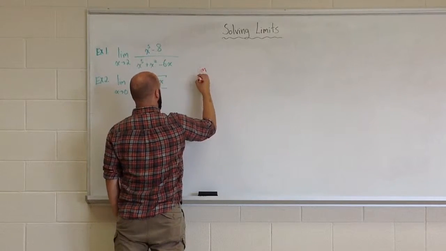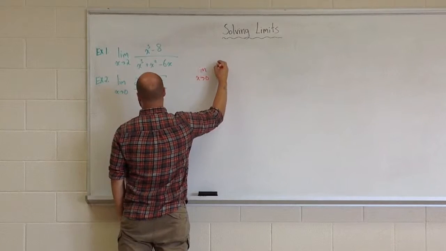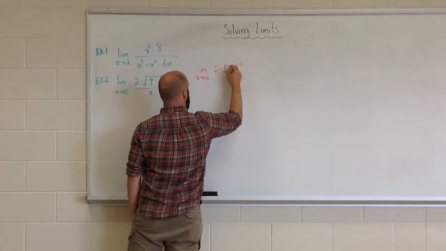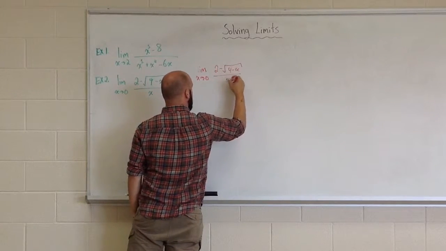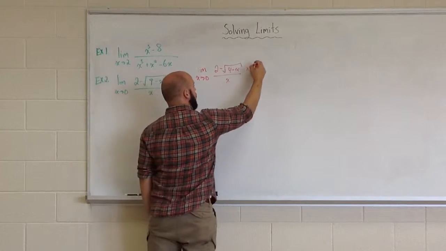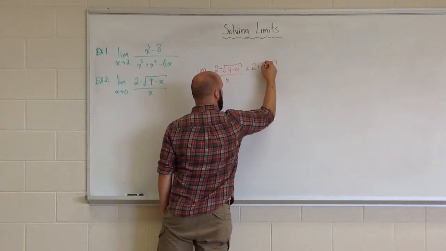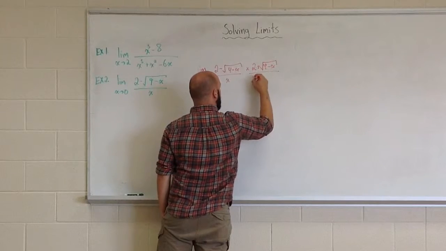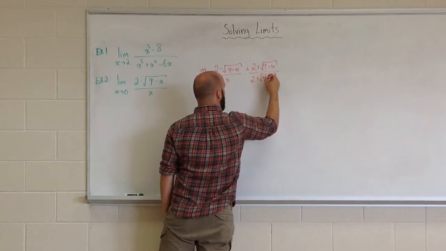To rationalize the numerator, we're going to multiply each side. So we have the limit as x approaches 0 of 2 minus the square root of 4 minus x, over x, and multiplying each side by 2 plus the square root of 4 minus x over 2 plus the square root of 4 minus x.